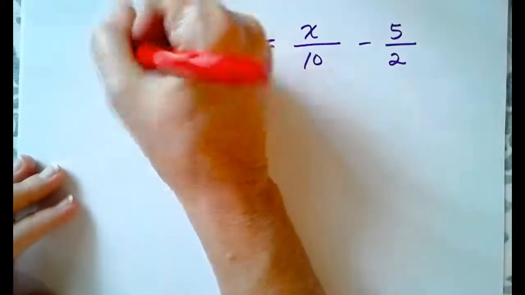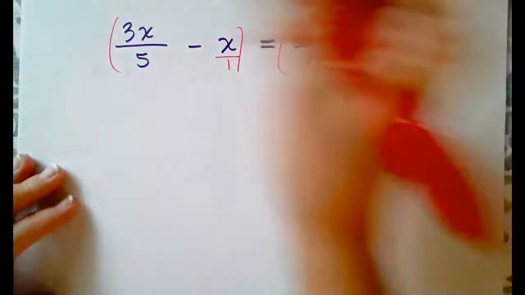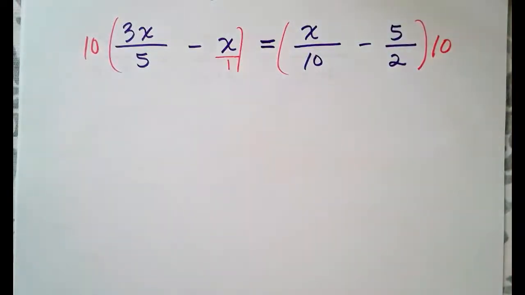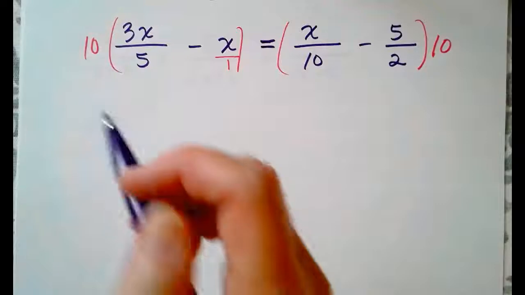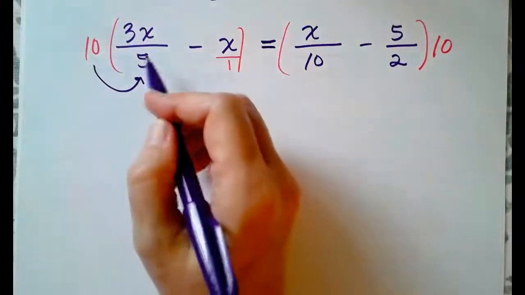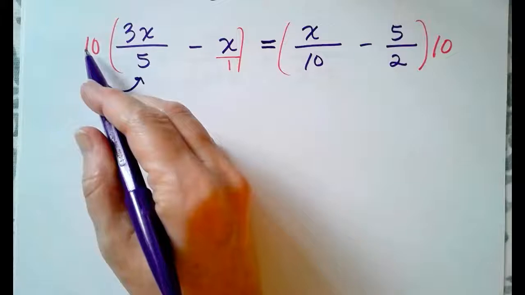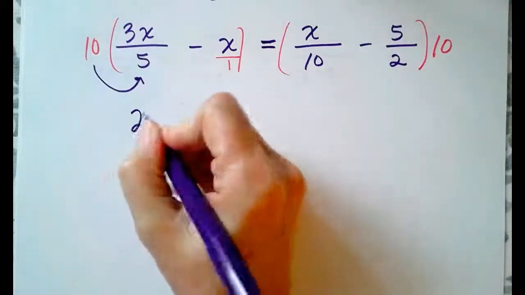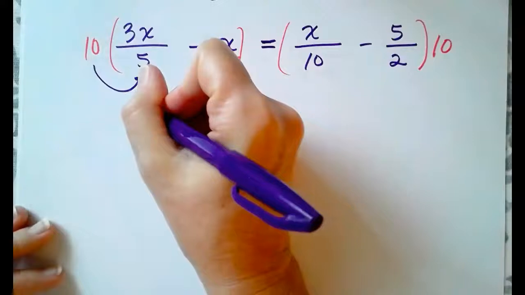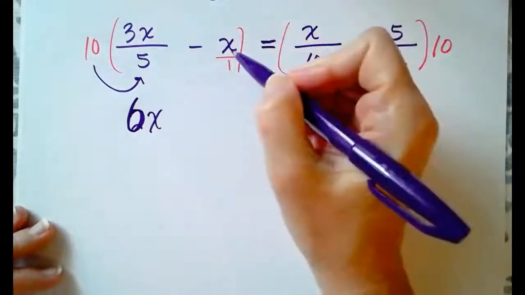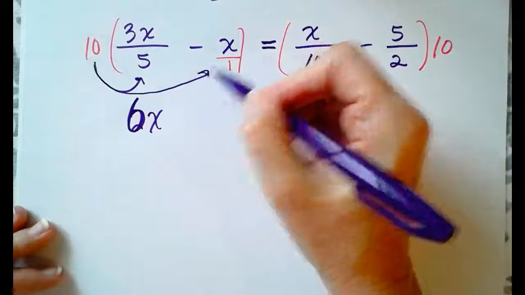So we are going to multiply both sides of this equation by 10. And when we multiply both sides by 10, it's going to eliminate the fractions. So in this first product, the 5 and the 10 cancel, 2 times 3x is 6x. Not 2x, but 6x. There we go. So next, the 10 gets multiplied to the x.